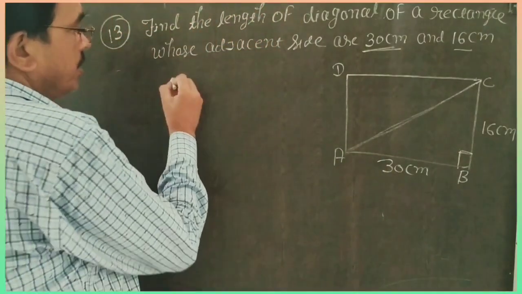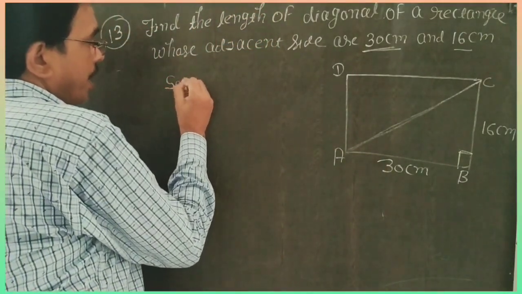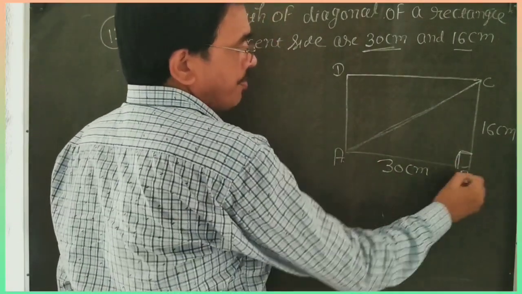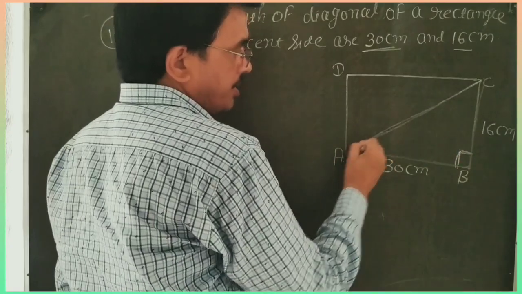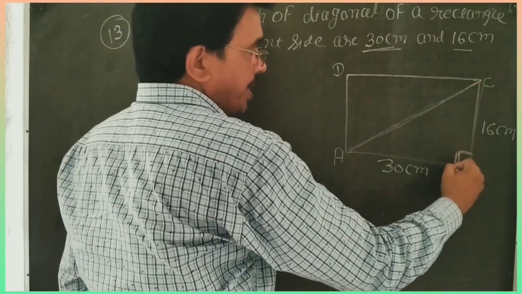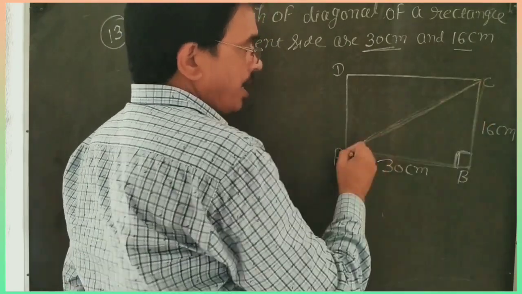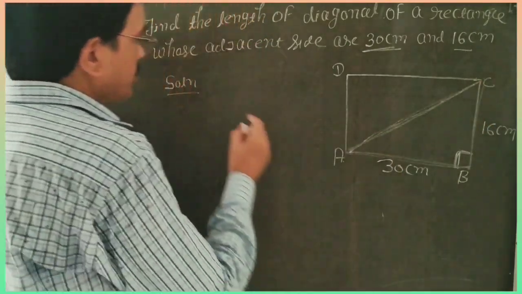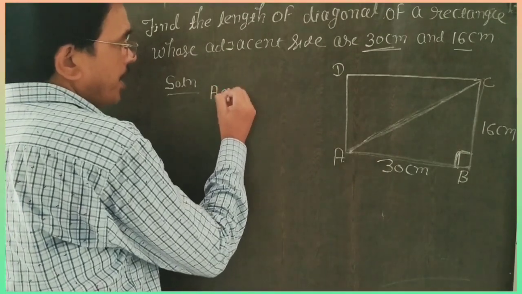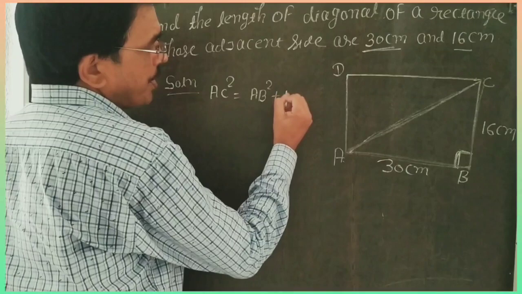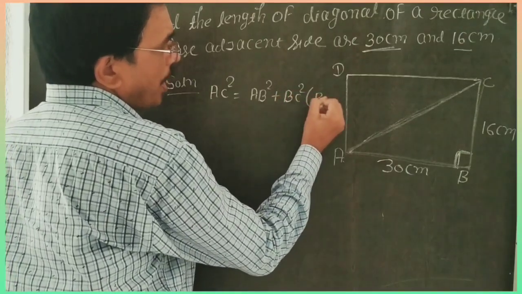Dear student, in a rectangle angle B is 90 degrees. So ABC is a right angle triangle. Clear? If angle B is 90, then ABC is right angled and AC is the hypotenuse. So use the formula of hypotenuse, that is AC square is equal to AB square plus BC square. Use Pythagoras theorem.